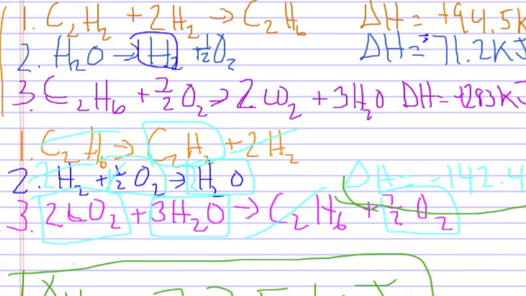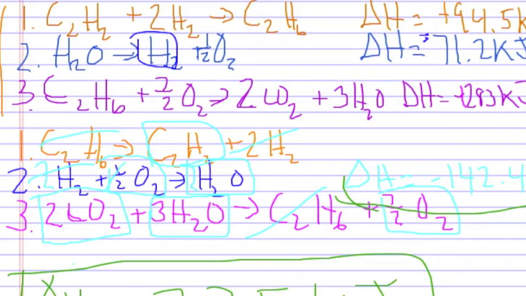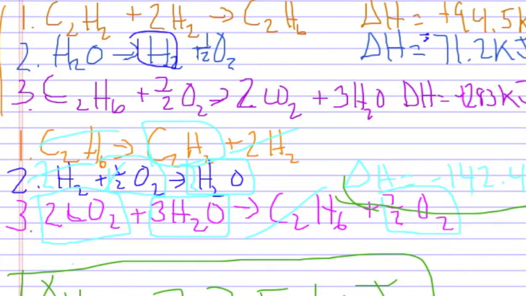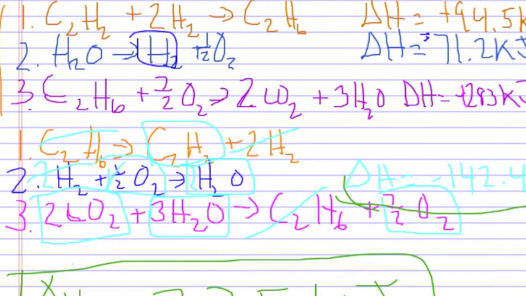So if we find 2 CO2, as you can see, it's on the right side with the right coefficient.